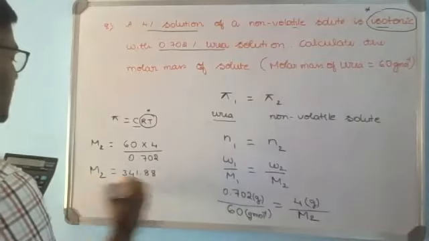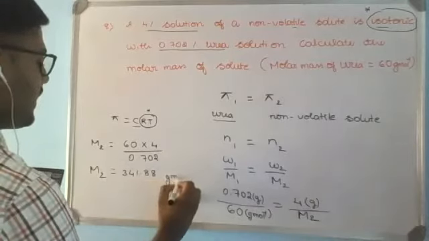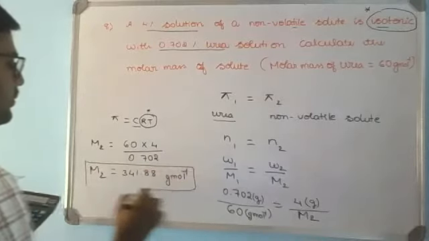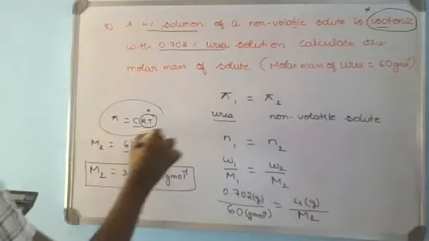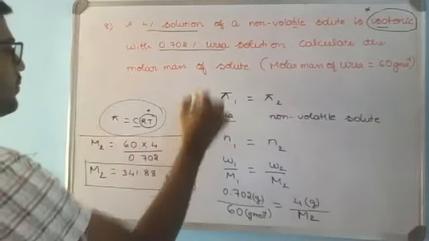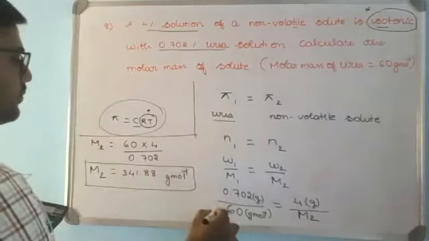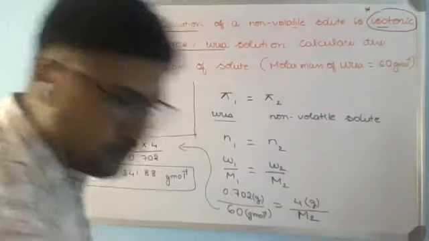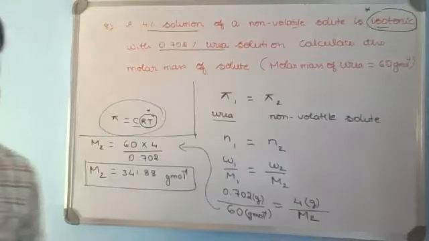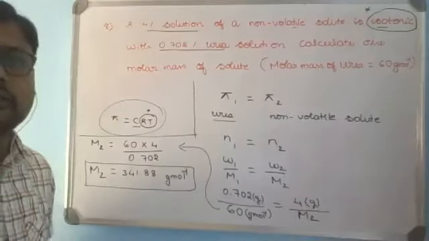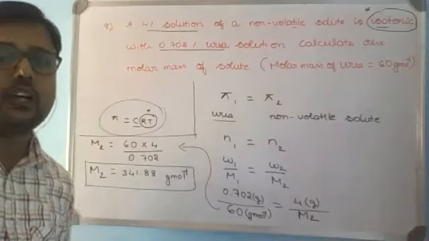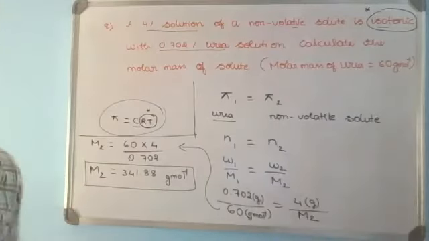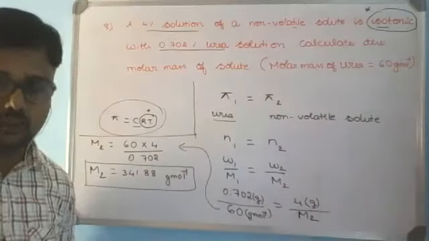As it is a molar mass, the unit is gram per mole. So if you observe, for the given non-volatile solute, its molar mass was found to be 341.88 gram per mole.